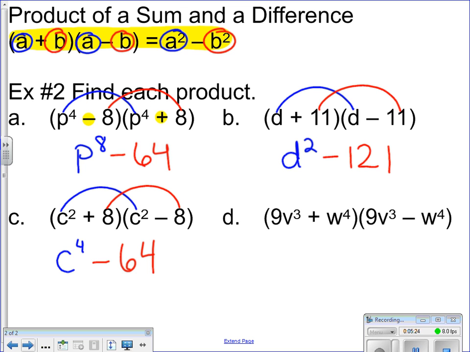And the final question. First, 9v cubed squared, 81v to the 6th. Last, negative w to the 4th times w to the 4th, w to the 8th. And that's how you multiply them together when you have one plus and one minus and everything else is the same. All right, hope this was helpful.